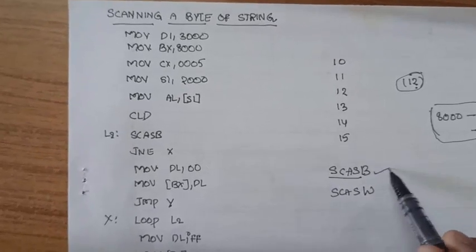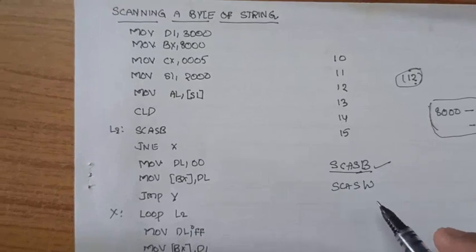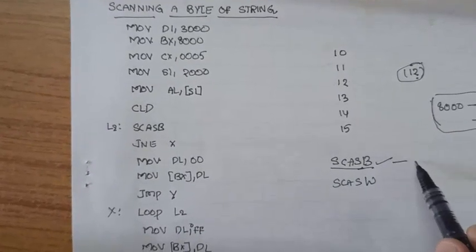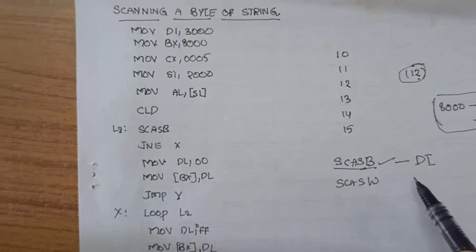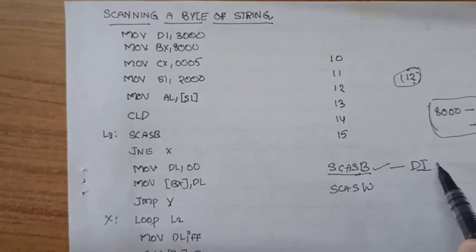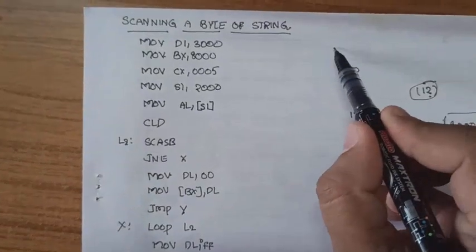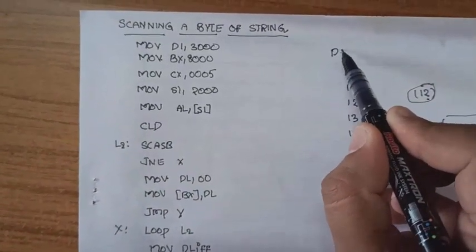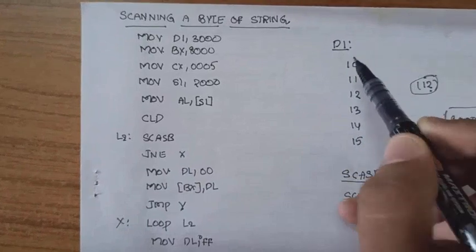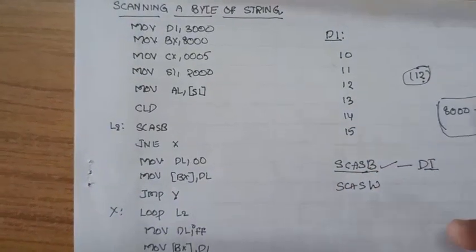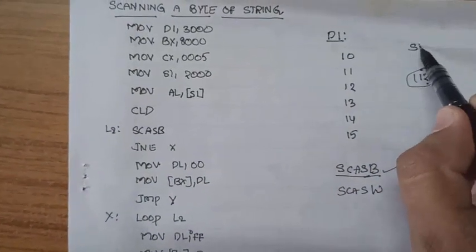For the scan instruction to execute properly, it is associated with the DI register. It scans only the data from DI, so the input string should be given in the DI memory location, and the data to be scanned should be given in SI.